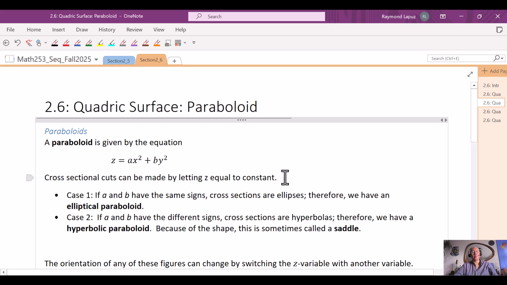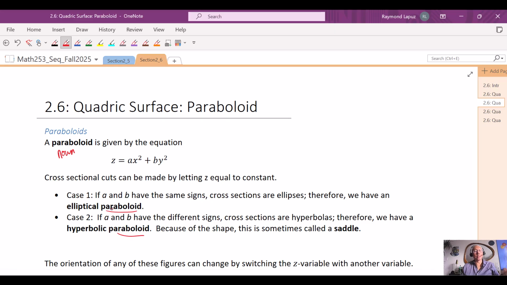So again, with the grammar, the noun here is the paraboloid, so that's the general shape. And then we're going to use the adjective to describe what the cross-sectional cuts look like. So if the cross-sectional cuts look like ellipses, then we'll call it an elliptical paraboloid.